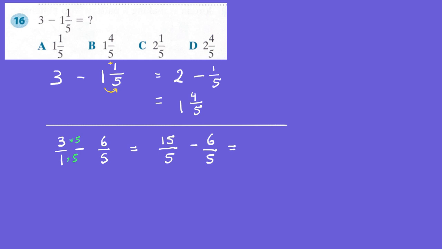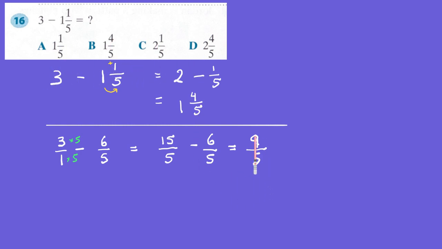So we are able now to do the subtraction. 15 take away 6 is 9 over 5. And when you get to this, you'll find that there is no answer 9 over 5 in our answers. They're all mixed fractions.